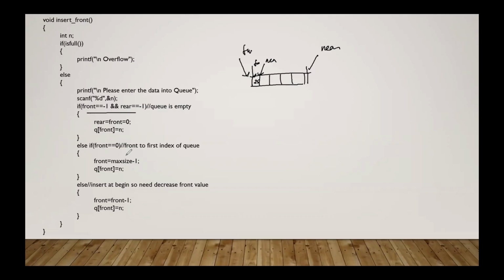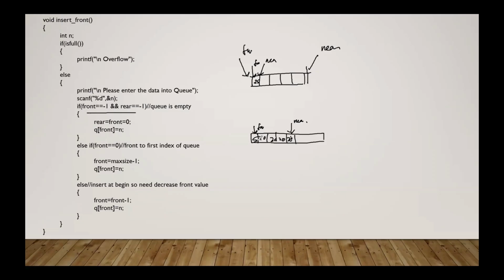Next, if front equals 0, why are we checking this? For example, this is front, and data is already present: 10, 20, 30, 5, and this is the rear position. Here we have implemented it with a circular queue.